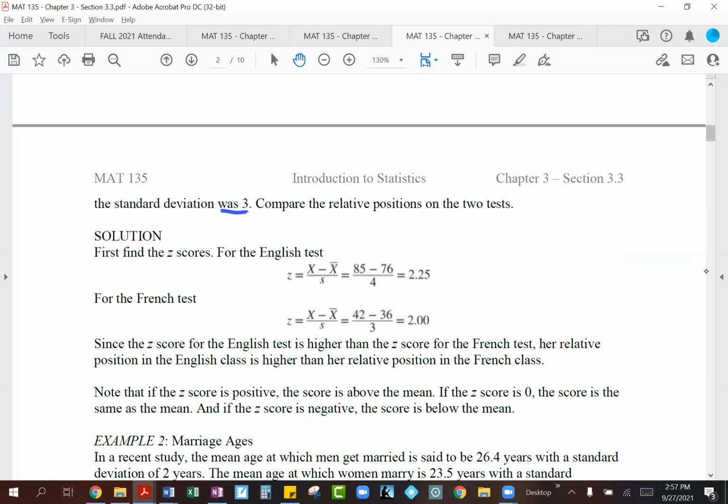Using our z-scores for the English test, we take her score of 85 minus the class mean divided by the standard deviation, and her z-score comes out to be 2.25. For the French test, her score was 42, the class mean was 36, and the standard deviation was 3, so she scored 2.00 on the z-score.